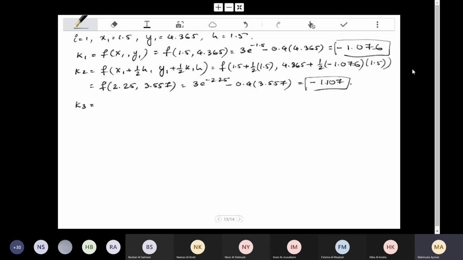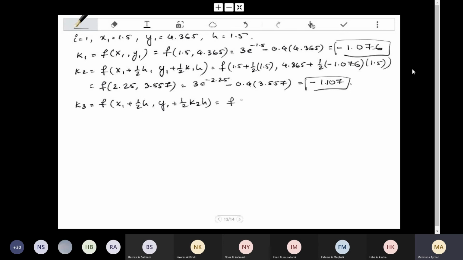So we have K3 is the function at x1 plus half times h, comma, y1 plus half times k2 times h.